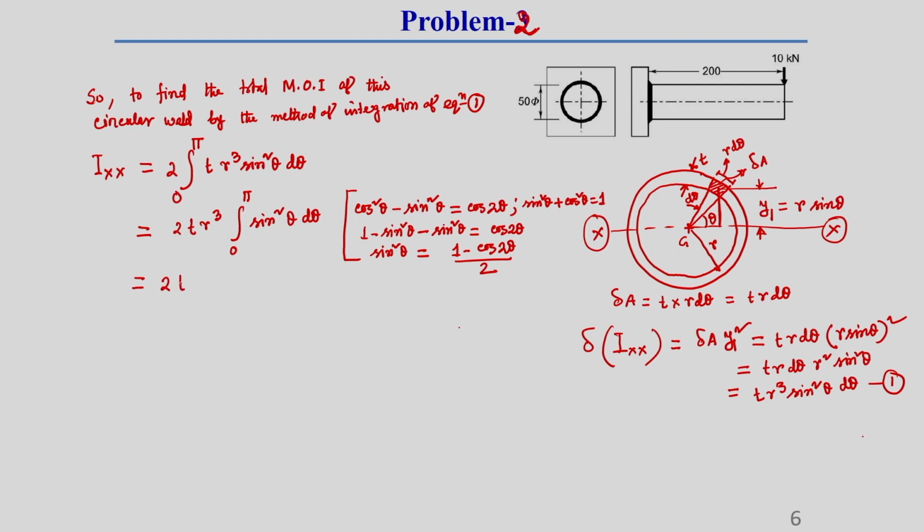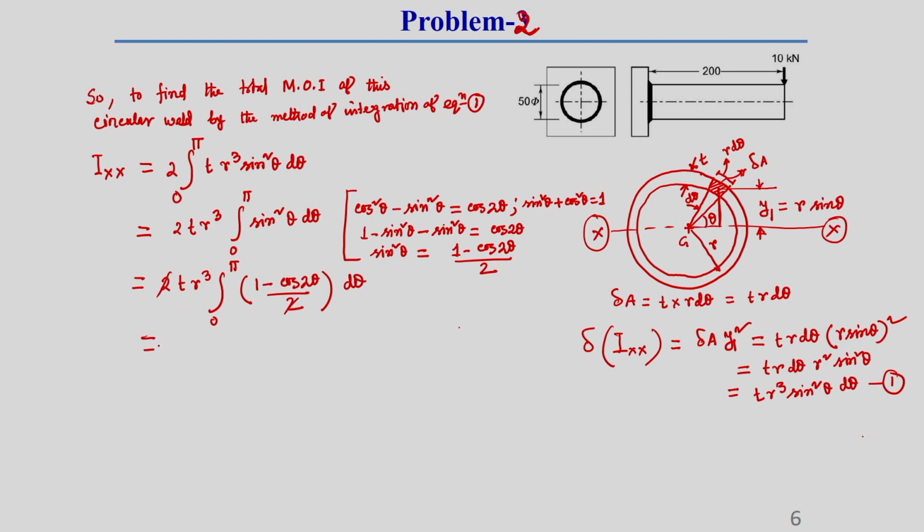So, 2 t r cube, integration of 0 to pi, instead of sin square theta, here I am putting 1 minus cos 2 theta divided by 2 d theta. So, this 2 will be cancelled out.